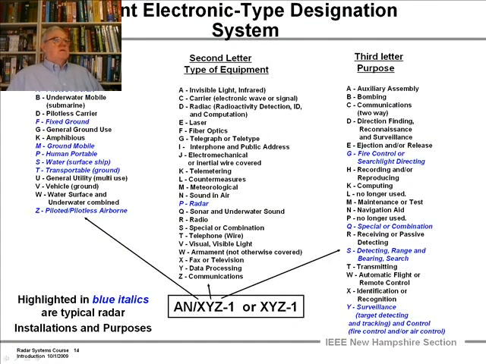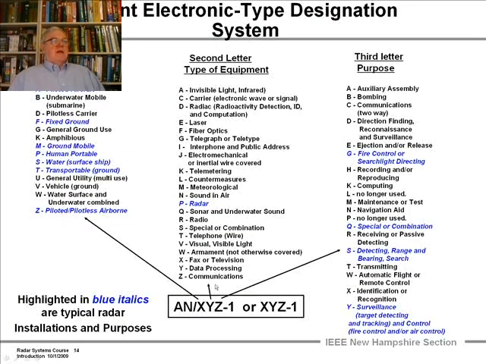Now the first letter tells you what it's installed on. A is a piloted aircraft. F means it's fixed on the ground. And you can see I've highlighted in blue what radars tend to be. You wouldn't have a W because you wouldn't have a combined surface and undersurface system. But you can see that the first letter tells you what it's installed on.